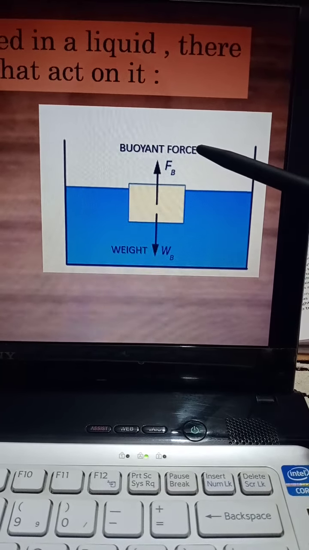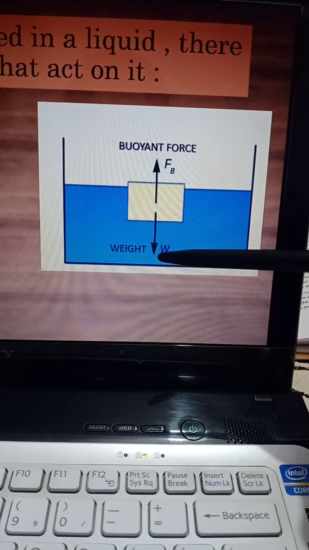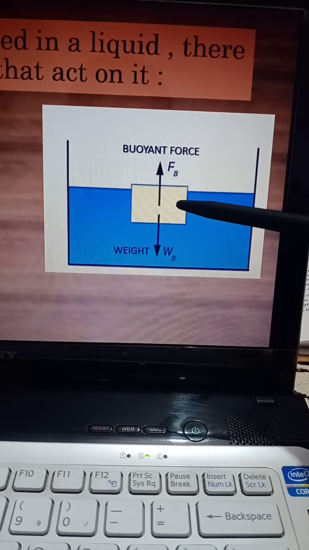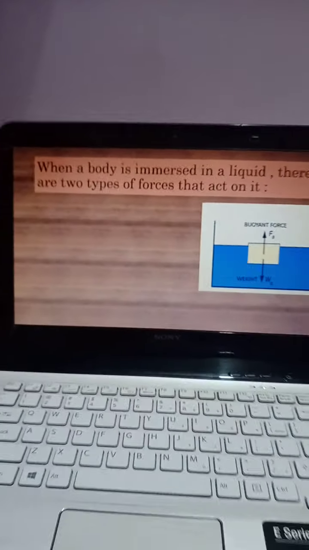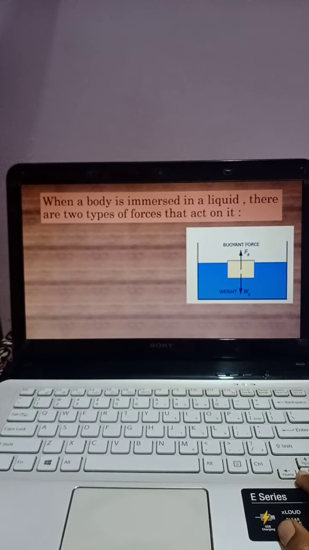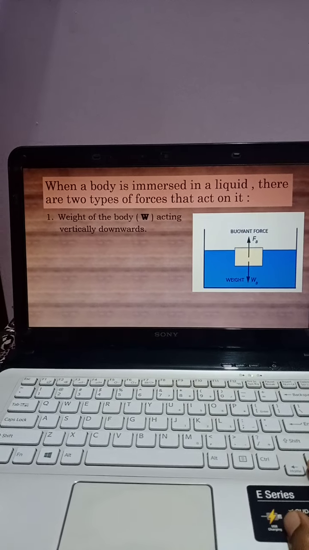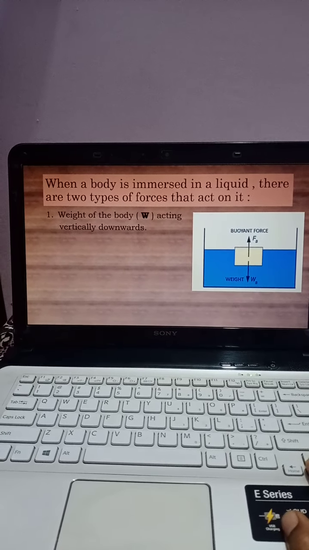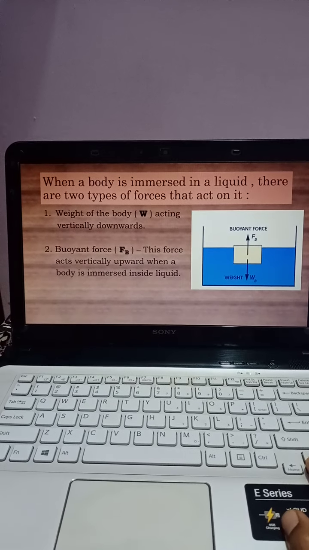One is the buoyant force acting upward, and the second is the weight of this object, which is acting downward. So the first factor is the weight of the body and the second factor is the buoyant force.